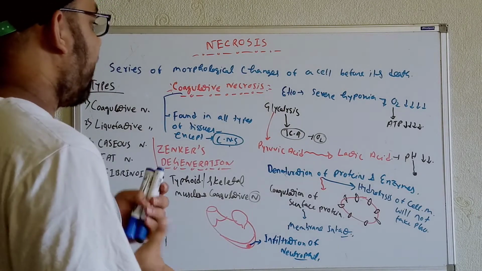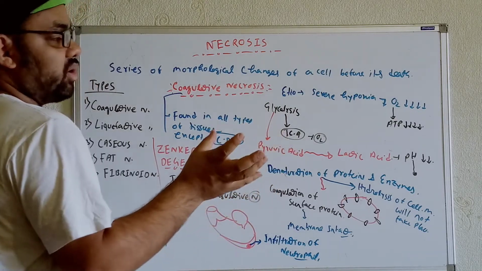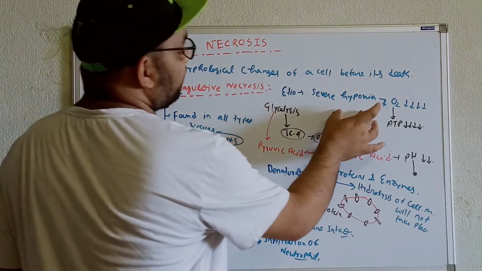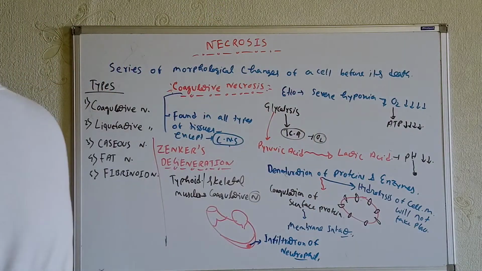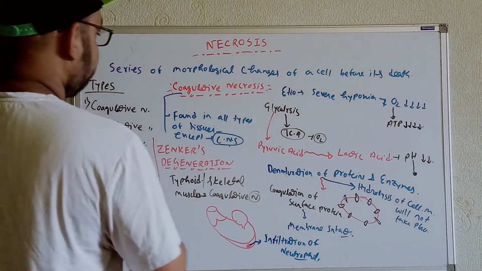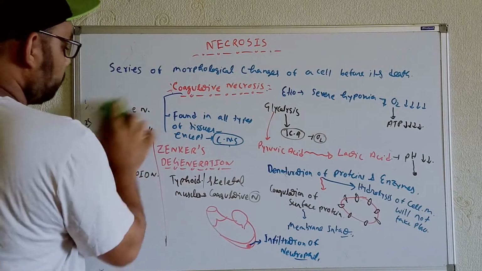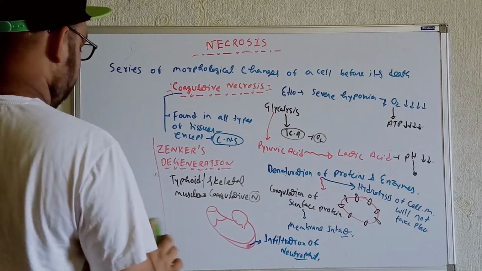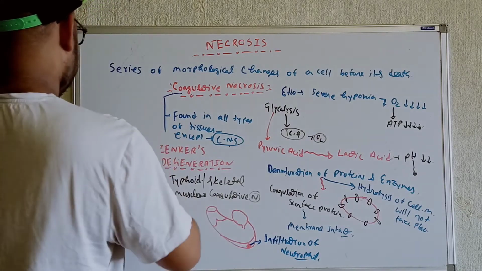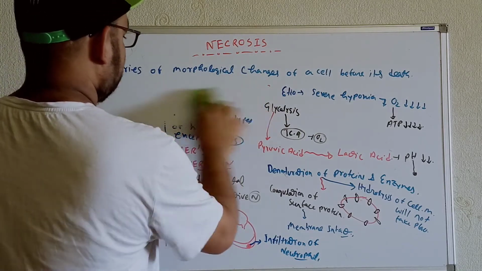Now we'll talk about how the infarction is forming, because we already said there is severe hypoxia. How are we seeing the severe hypoxia in these cases? Let me show this part over here. Just try to be with me. Let me erase this part also.